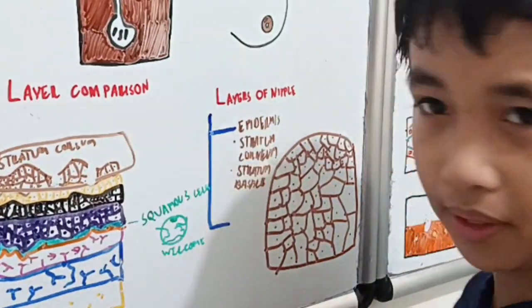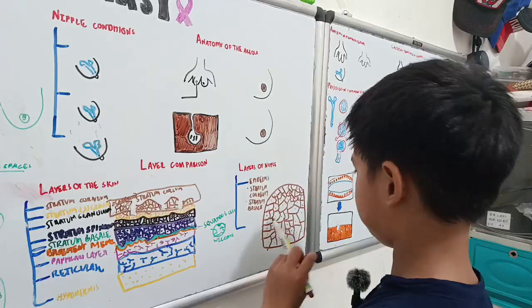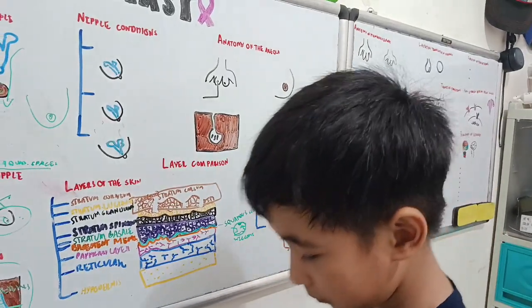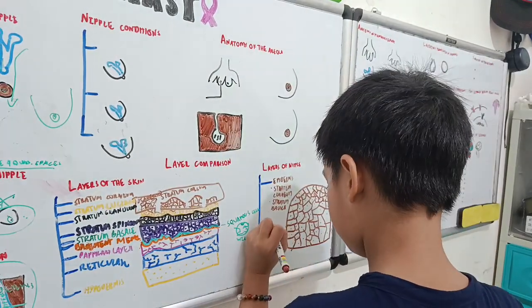Well, mainly, that's really weird. What's the nipple's next layer? That would be the dermis.